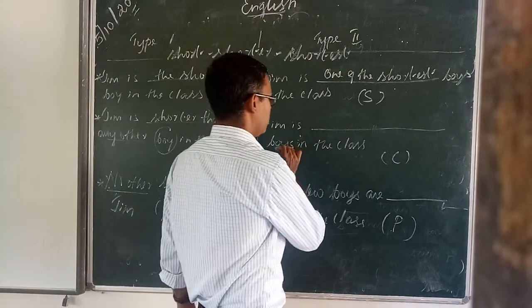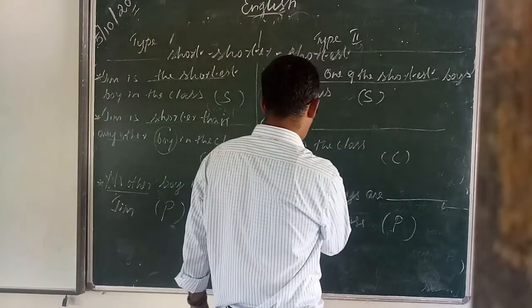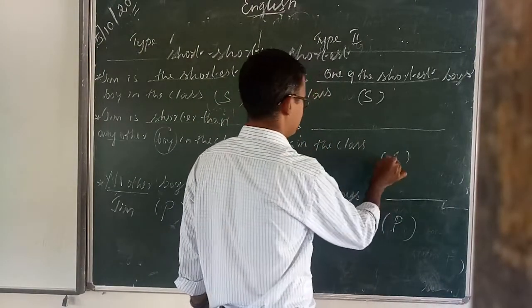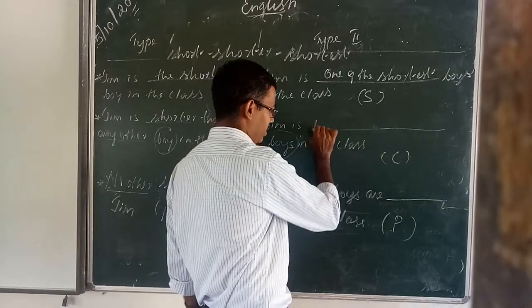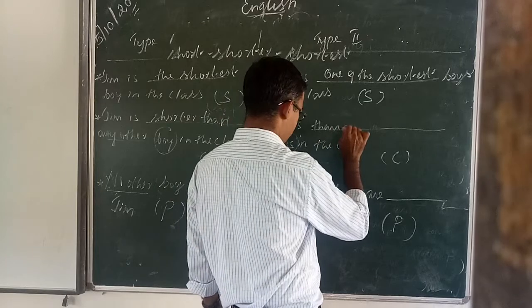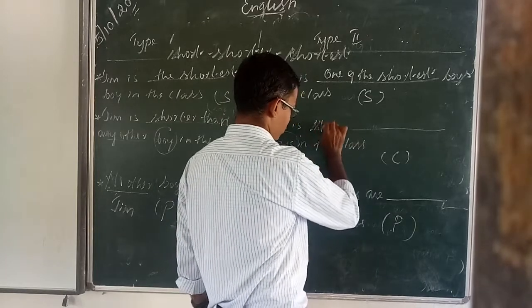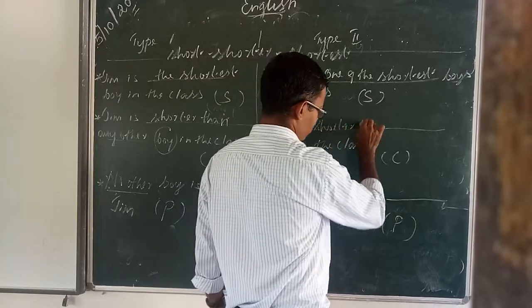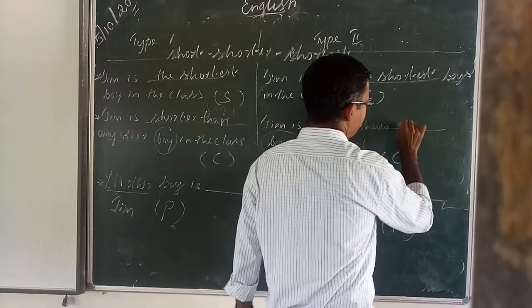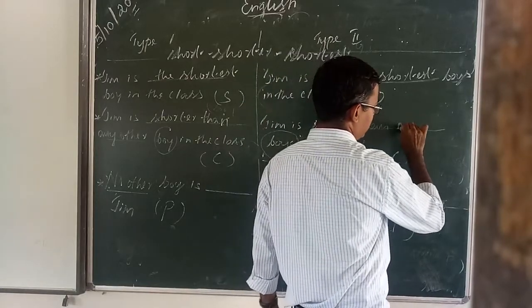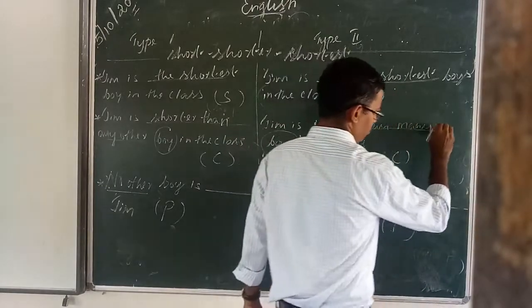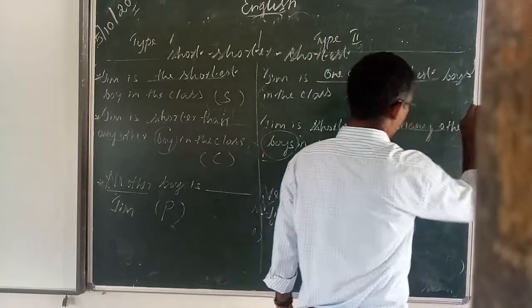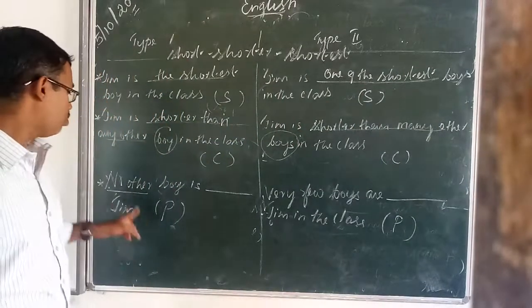Here, Jim is dash short, boys in the class is given. Boys is given. Remember this one. This means shorter than many other or most other boys in the class.